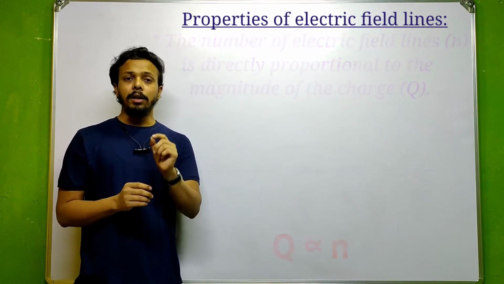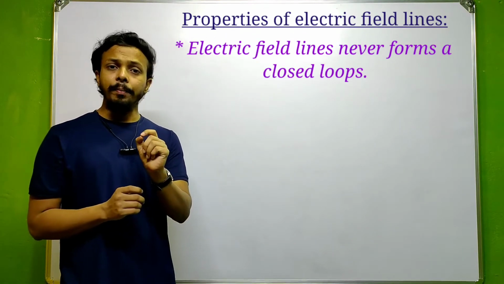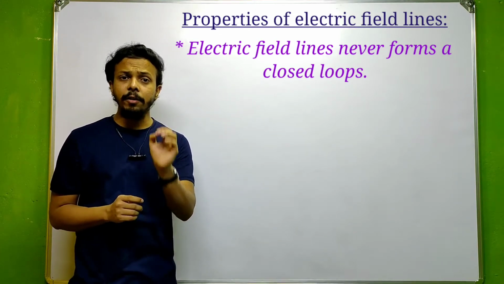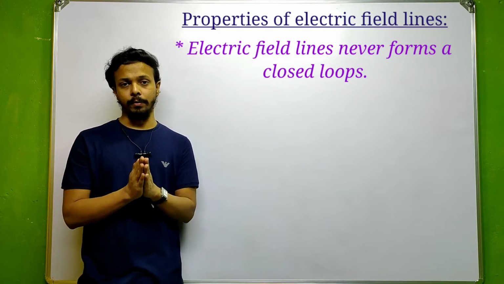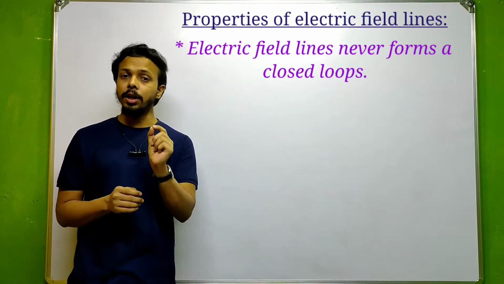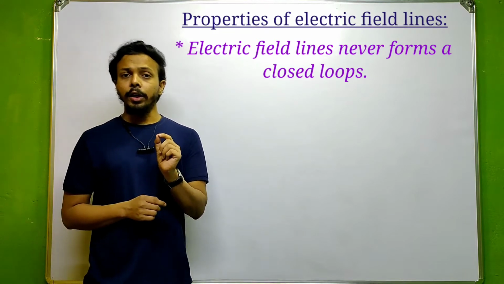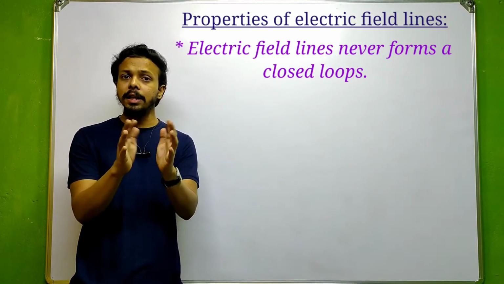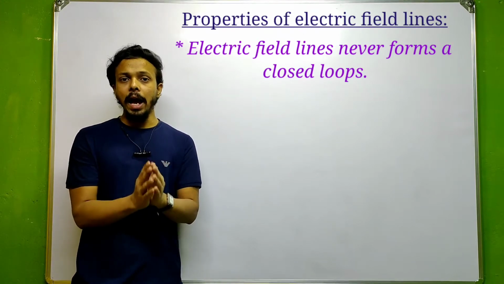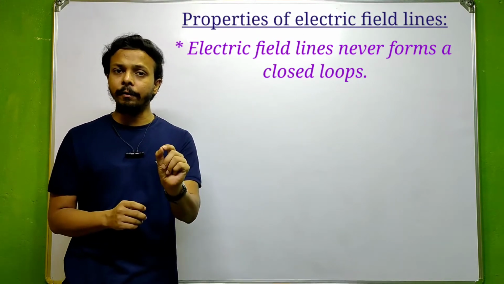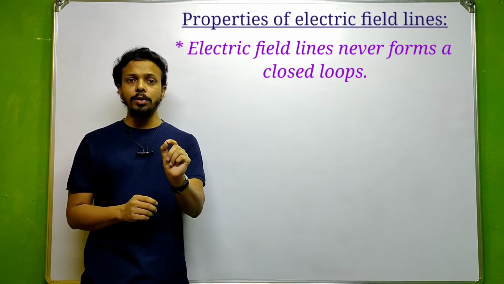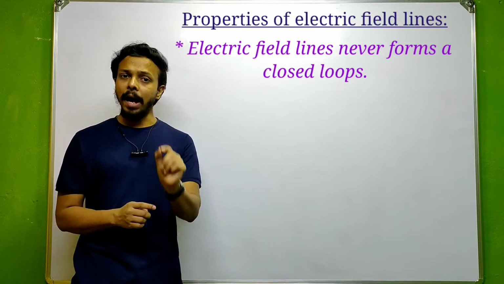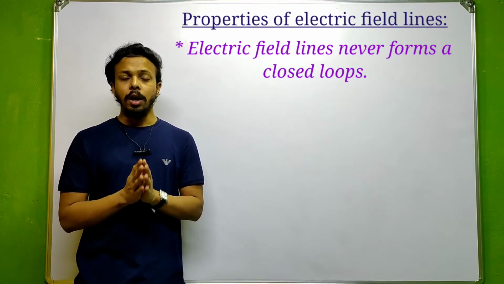And the next property: electric field lines never form a closed loop. Here you need to understand, if you take a magnet, surrounding the magnet there is a magnetic field, and to represent it we again use the concept of lines of force.